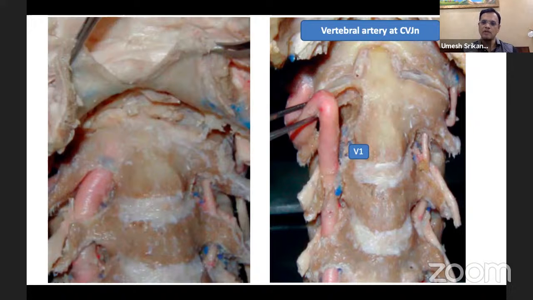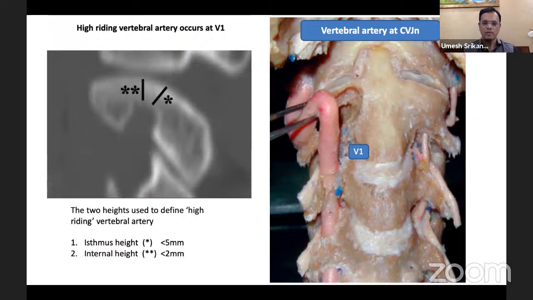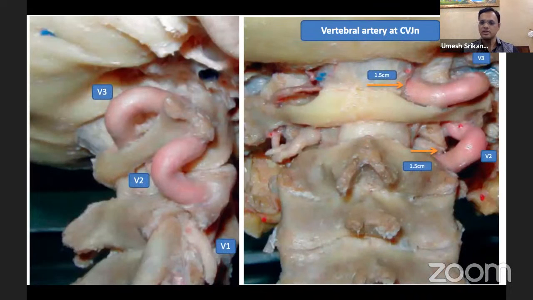So this is the segment of the vertebral artery that is before it enters into the C2 transverse foramen, and this is termed the V1 segment. The high riding vertebral artery can be assessed by measuring different heights, which we are going to discuss in detail later.